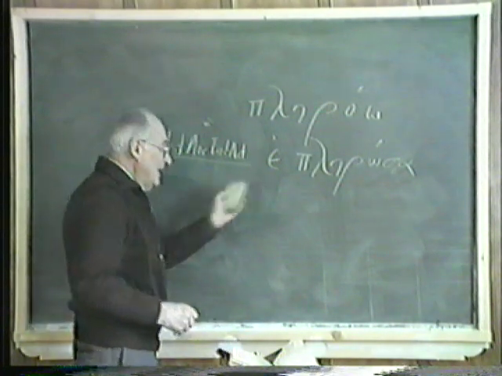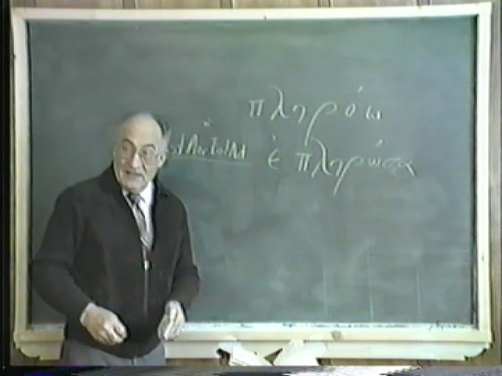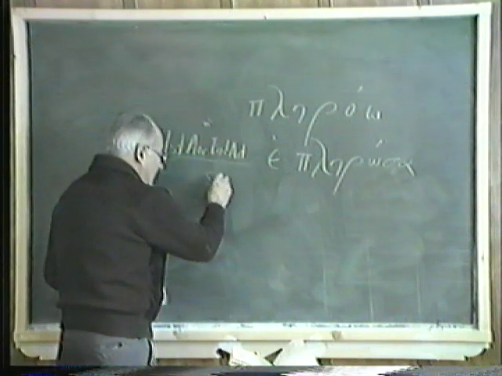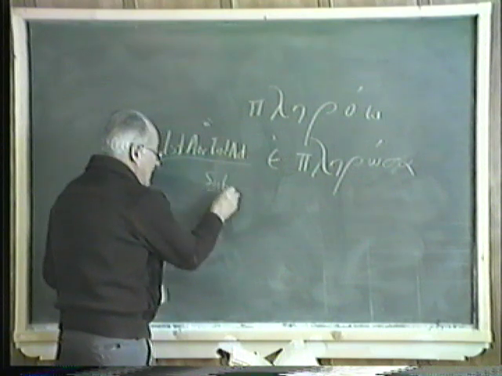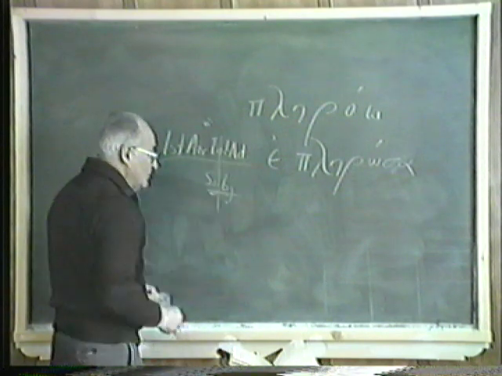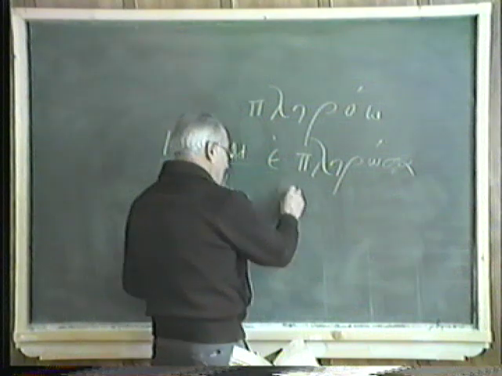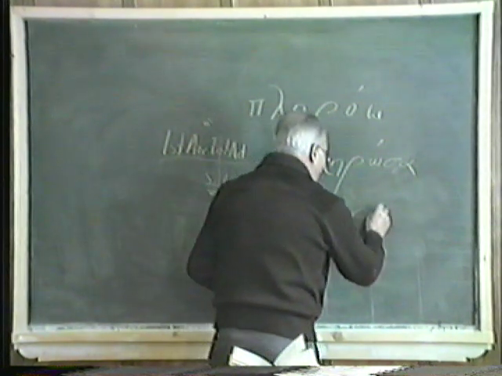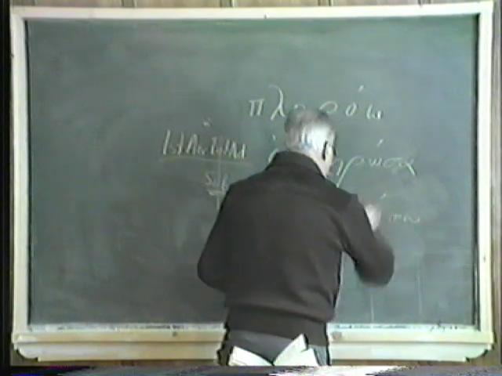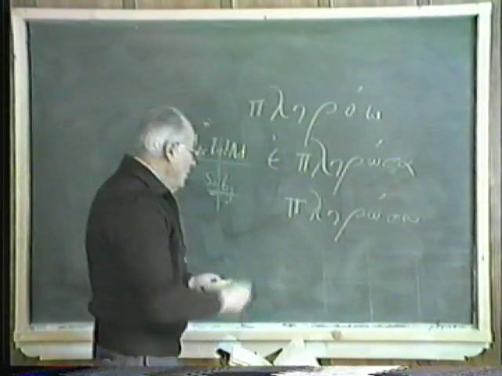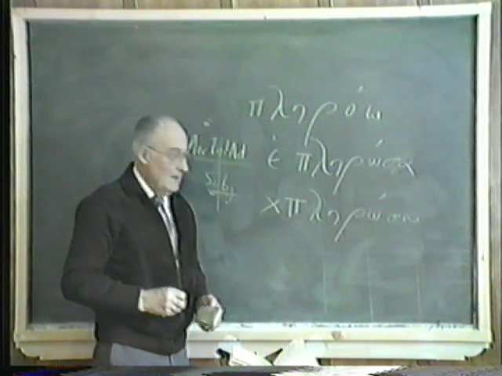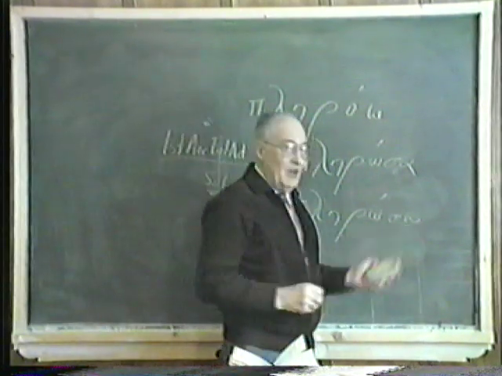All right, now, I want to make that a first aorist active subjunctive. As far as the mode, we're talking about that mode. So, it is plerosó, no augment, and you have your primary endings.